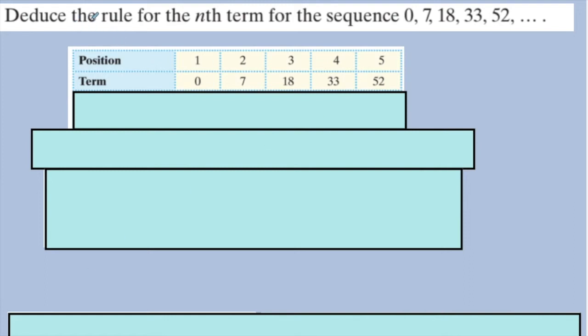So, deduce the rule for the nth term for the sequence 0, 7, 18, 33, 52. We've put them in a table. I would highly suggest you pause the video and make a table with space below to make some more rows.